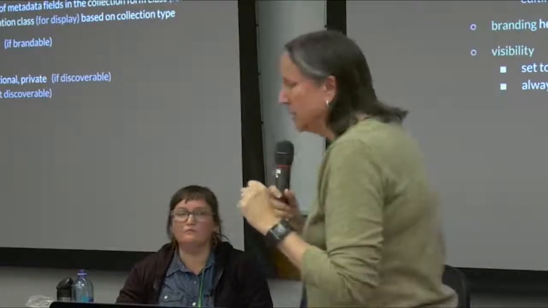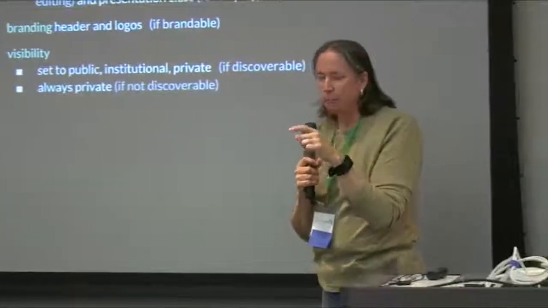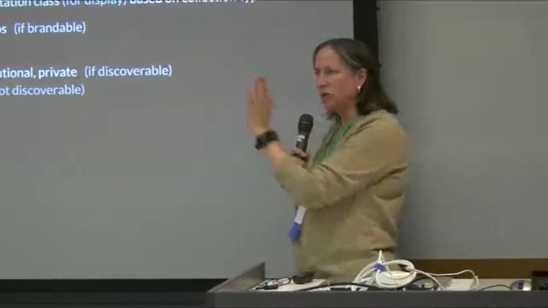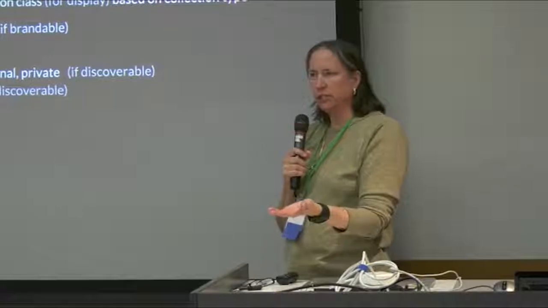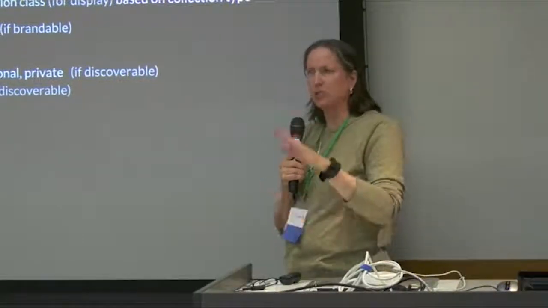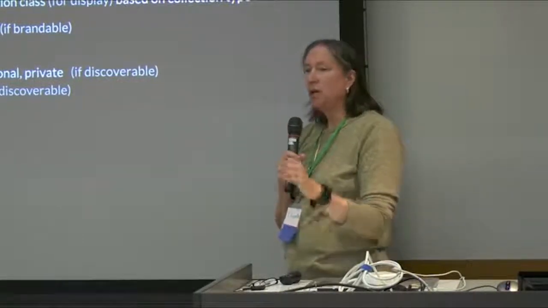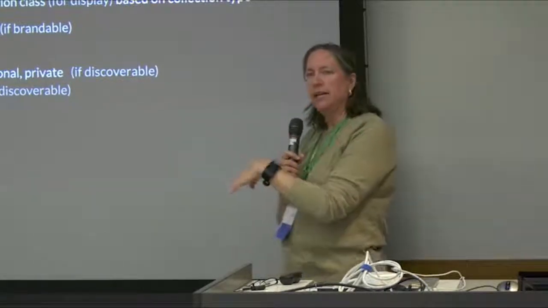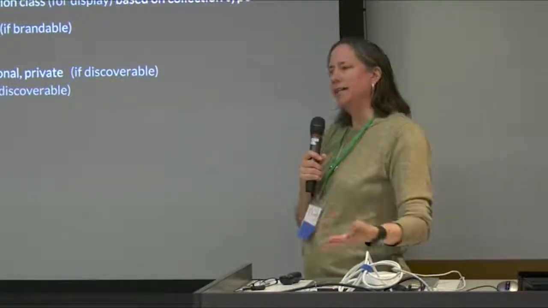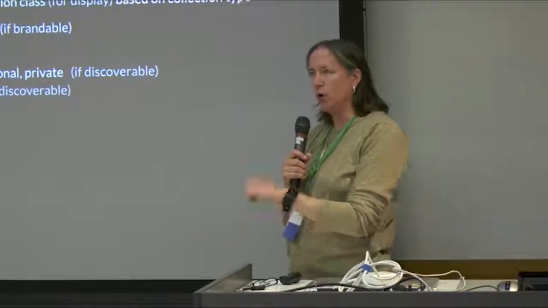Whether it's in Fedora or... So I'll answer both those questions. One question is, all those settings we looked at earlier, where do those get stored? When you create a collection type and set all those settings, they get stored in the database. When you actually create a new collection, it gets a collection type ID, and that is stored in Fedora with the collection.